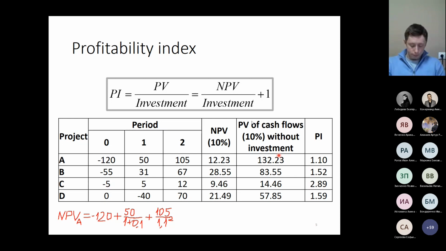So here we just plus our investments plus our NPV and have our PV. Yes. Investment plus. No, subtract. We subtract. Yeah, because investments are, yes, of course, negative.